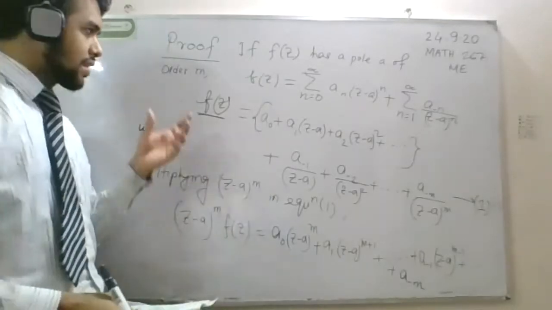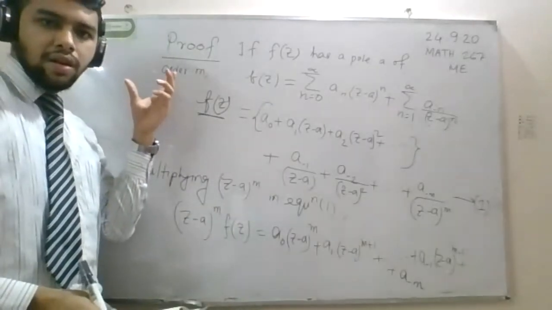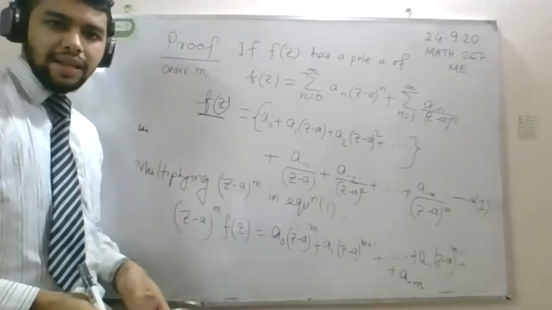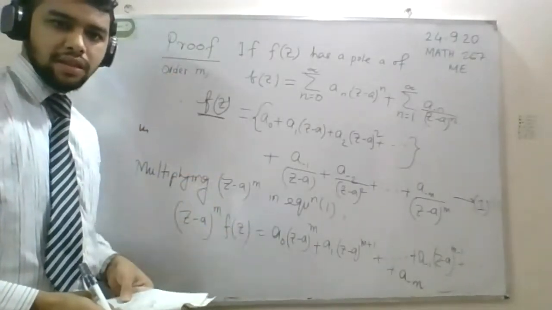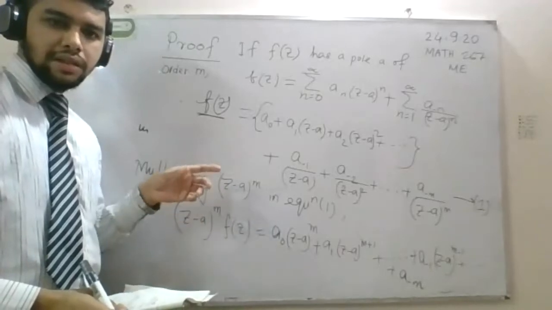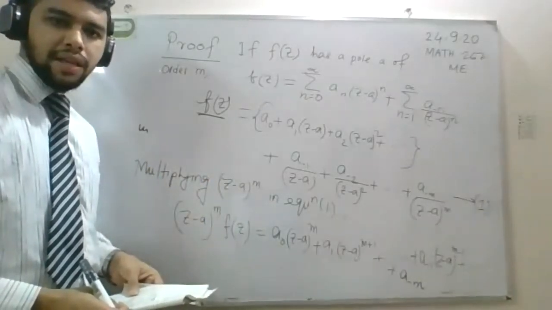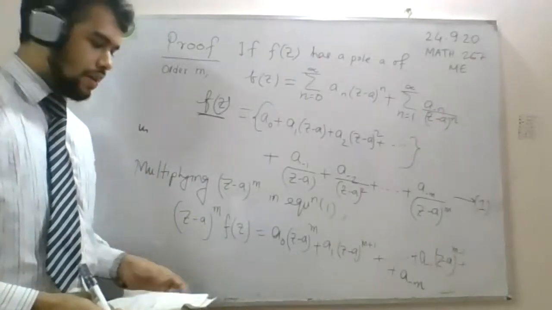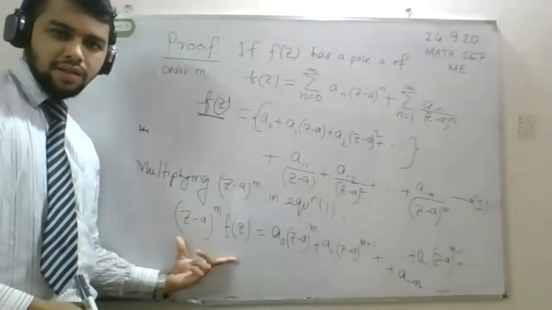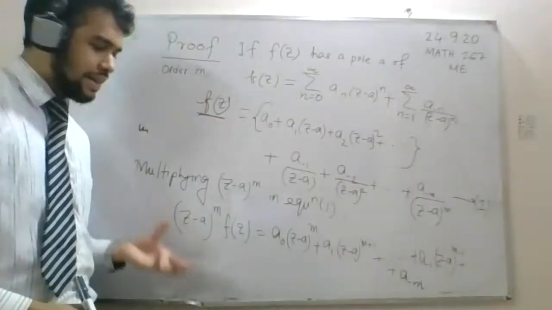The formula which I gave at first, which is limit z tends to a, 1 by m minus 1 factorial, and also d to the power m minus 1 divided by dz to the power m minus 1, and then this thing. So what do we have to do in our next step?